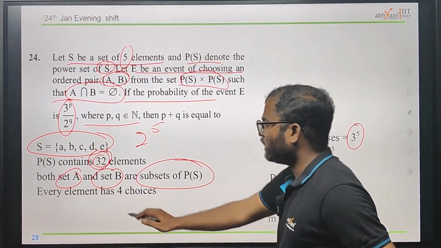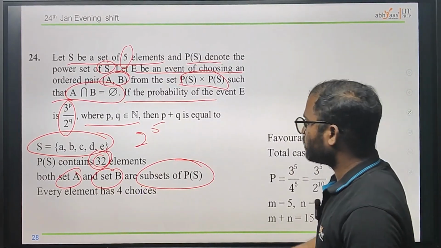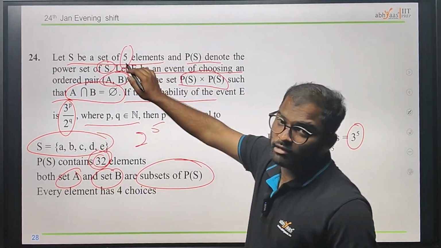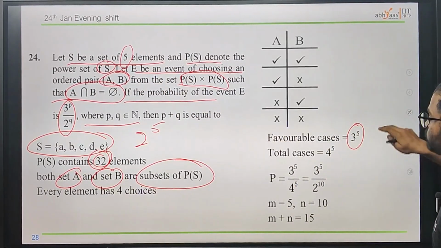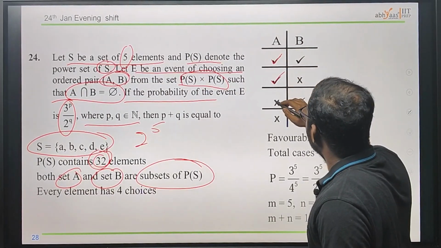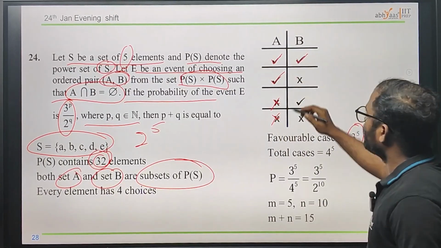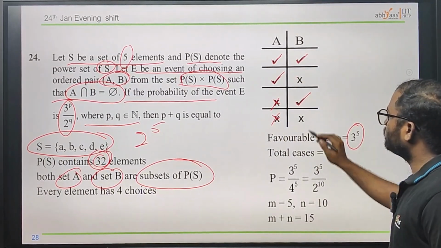Therefore every element has 4 choices. That means for each of the 5 elements, A has it but B doesn't have it, similarly B has it but A doesn't, or neither has it.